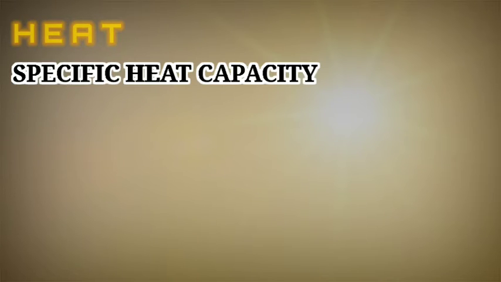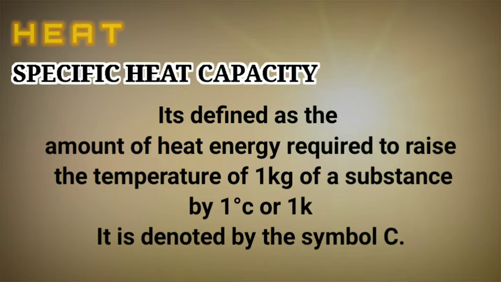Next, specific heat capacity. Specific heat capacity of a substance is defined as the amount of heat energy required to raise the temperature of 1 kilogram of substance by 1 degree C or 1 Kelvin.